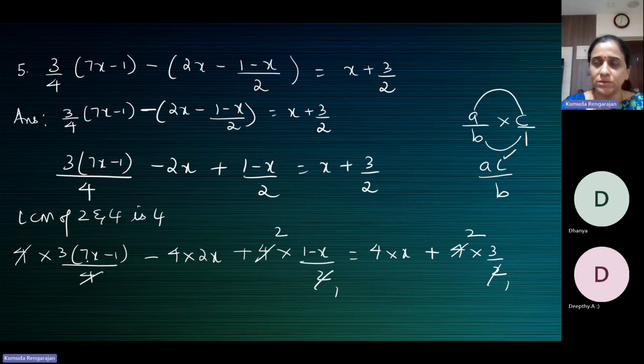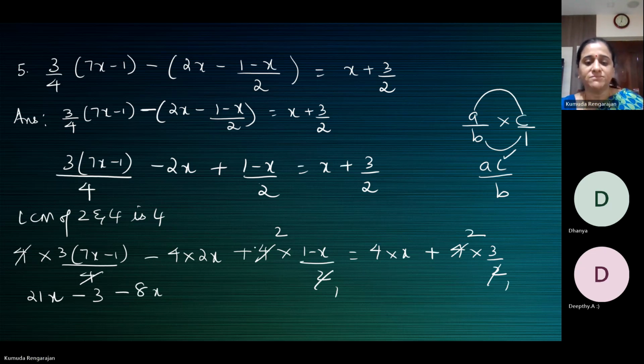Now we'll have to open the bracket here. 3 into 7x is 21x. And then 3 into 1, 3. Plus into minus, minus. What's the sign that 3 carries before it? Plus. So plus into minus is minus, 3 ones are 3. Minus 8x. So this one is nothing but plus 2 into 1 minus x.